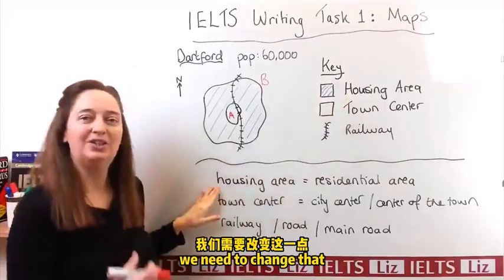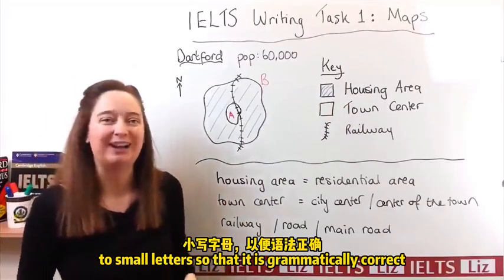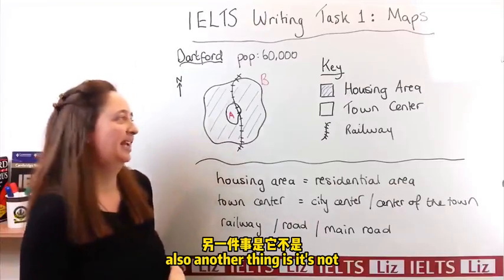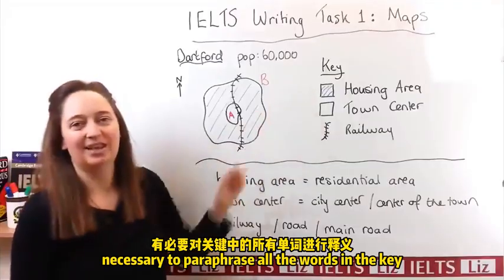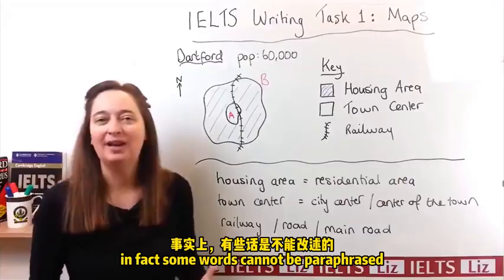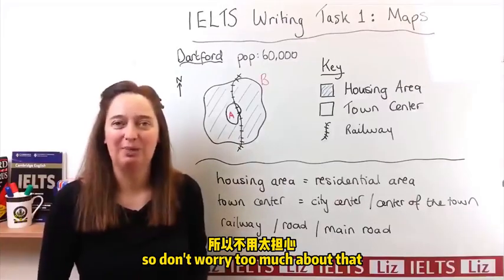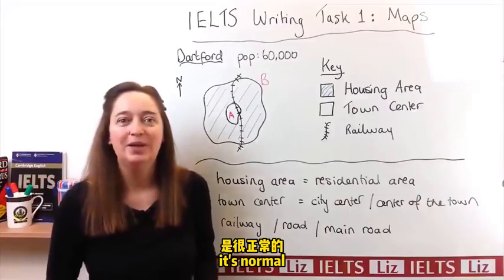But when we write, we need to change that to small letters so that it is grammatically correct. Also, another thing is it's not necessary to paraphrase all the words in the key. In fact, some words cannot be paraphrased. So don't worry too much about that. It's normal.